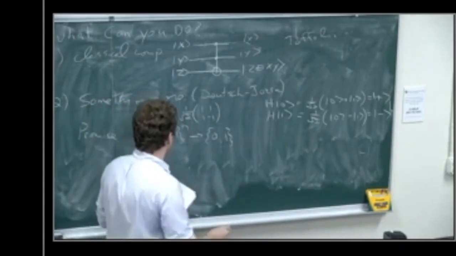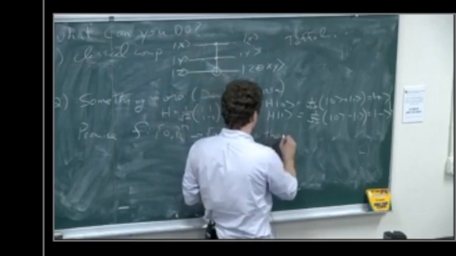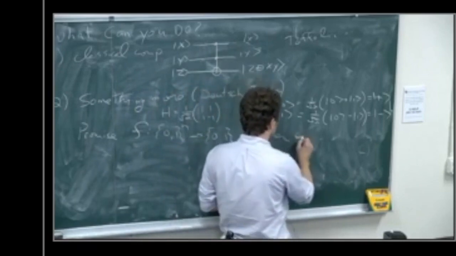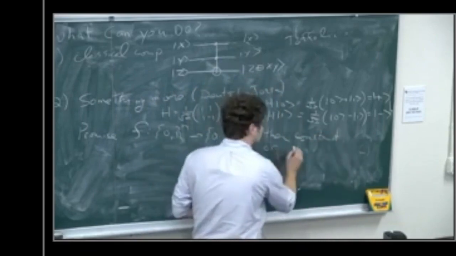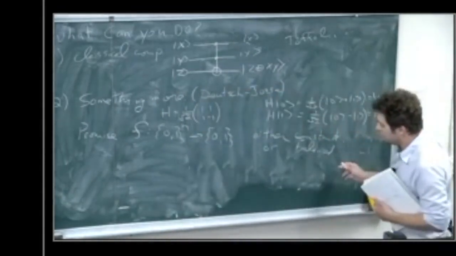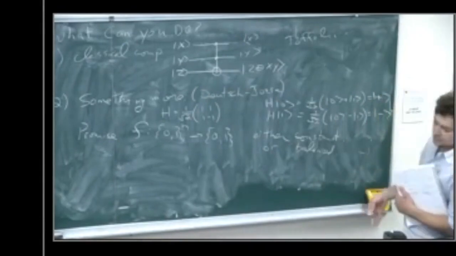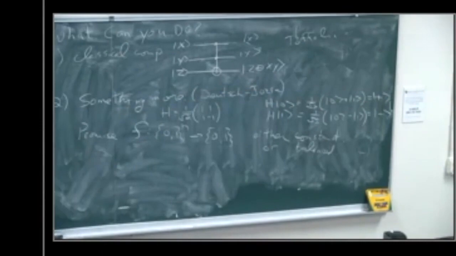It's either a constant or balanced. Balanced meaning like on half of the inputs it's 0 and the other half of the inputs it's 1. And your job is to determine which is the case.